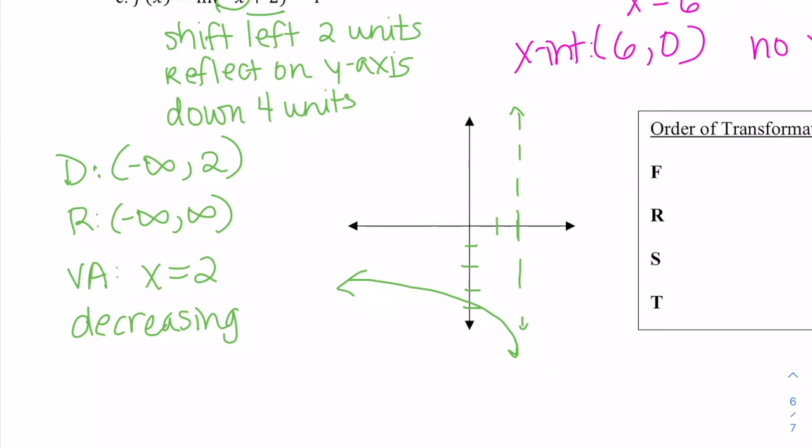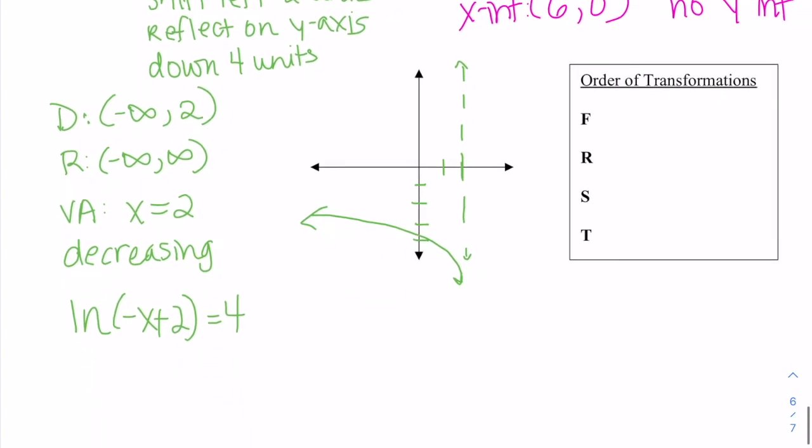So to find the x-intercept, we set this equal to 0. And this will be a weird number, but we could say it's going to be e to the 4th equals negative x plus 2. Then we'll subtract 2, and then I'm going to multiply by negative 1.